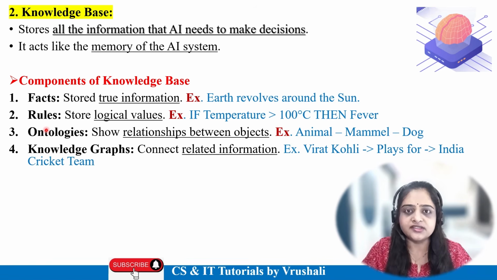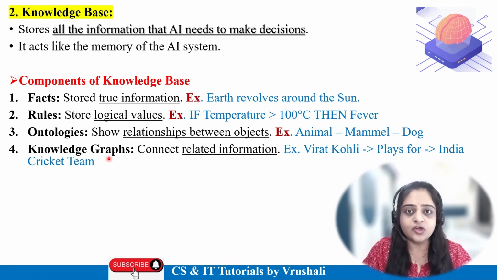Next one, rules. Rules mean if-else conditions. They store the logical values. For example, if temperature is greater than 100 degrees, then fever. Then ontologies. Ontologies mean the relation between objects and data. For example, animal, then mammal, and then dog. So there is a relation between all these classes.